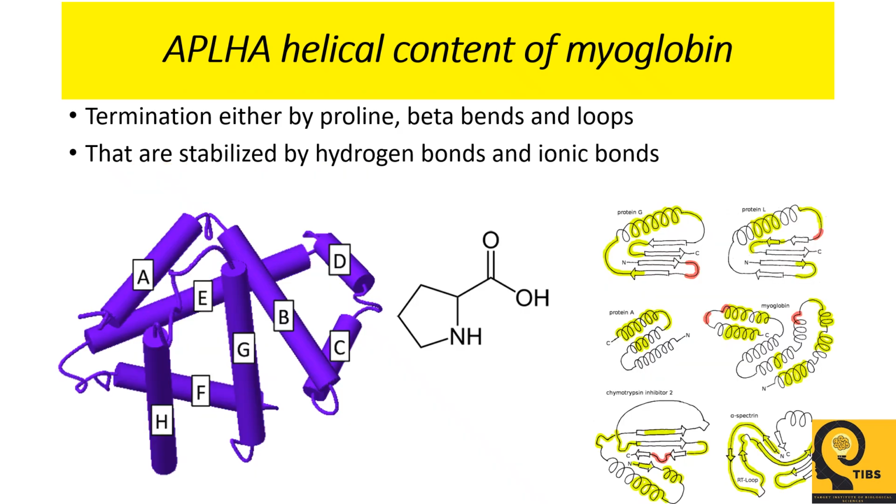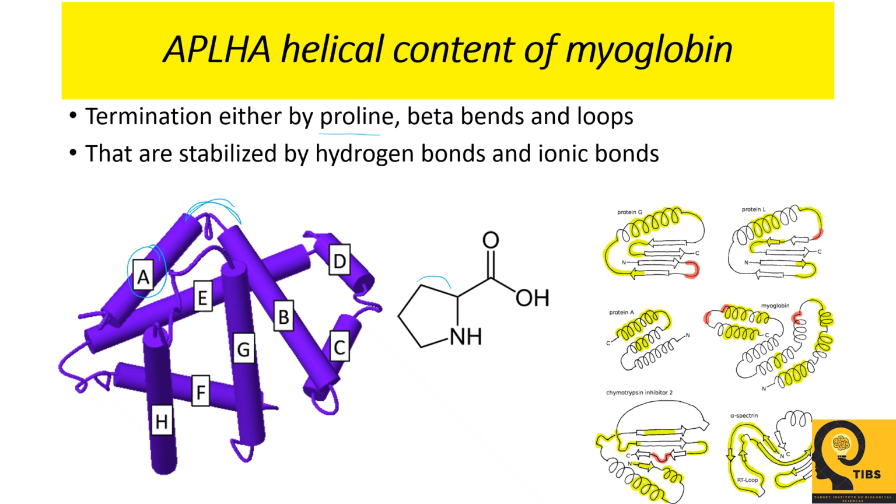And why are these bends present between the stretches? You can see that this is the A stretch and here is the bend. The bend is due to a number of reasons. First of all, proline can be present in the bend. Why?